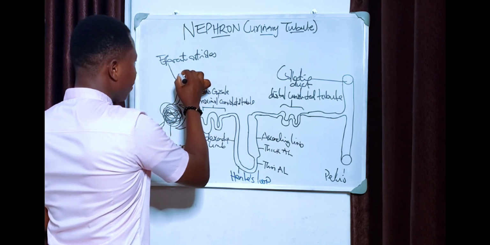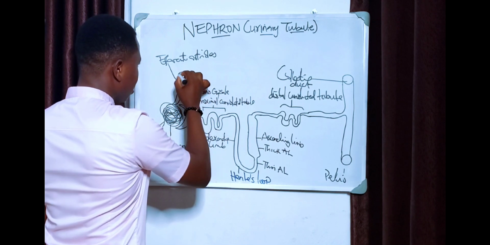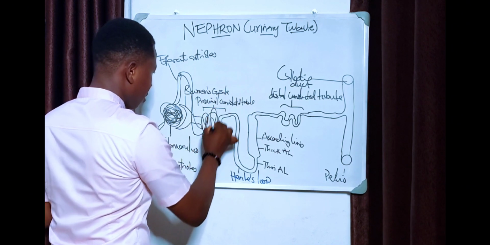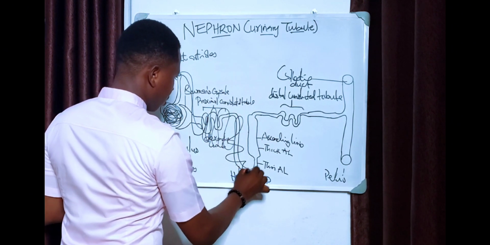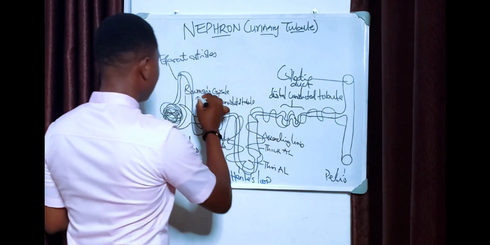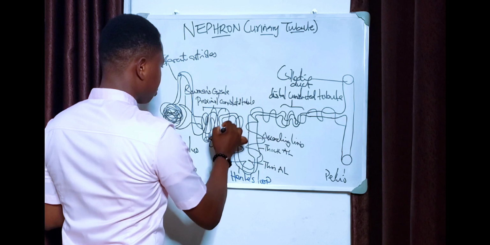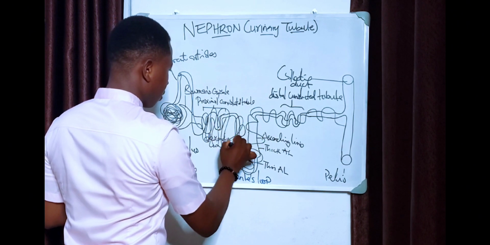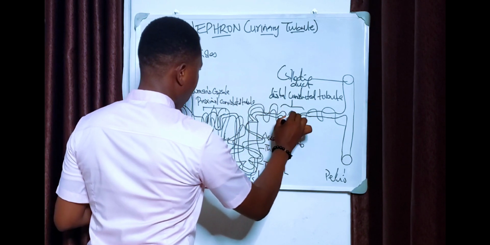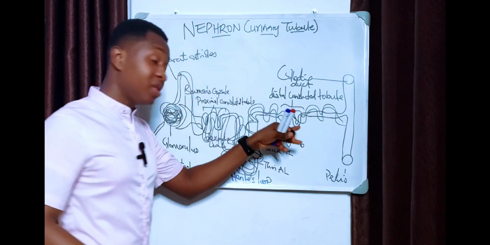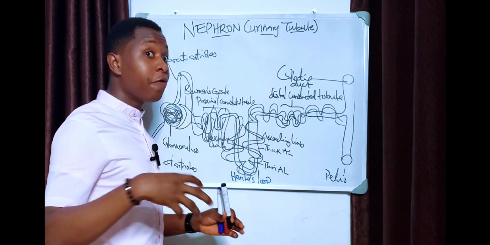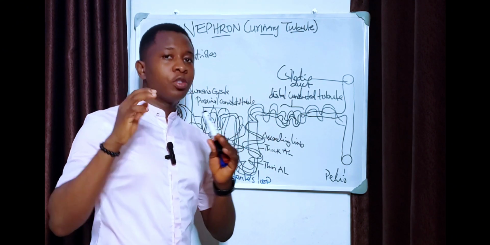It begins to wrap itself around the nephron at this point. Now, this also does the job of filtration, which I'm going to talk about when I'm talking about urine formation.